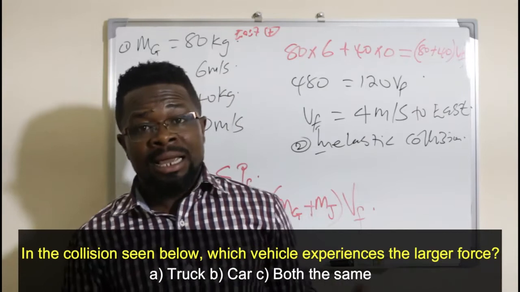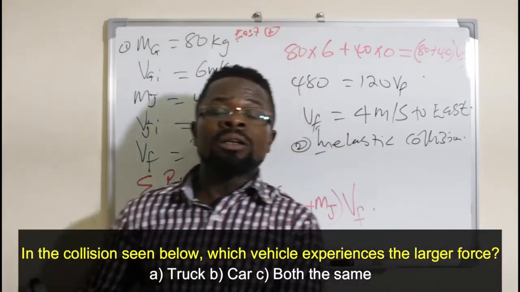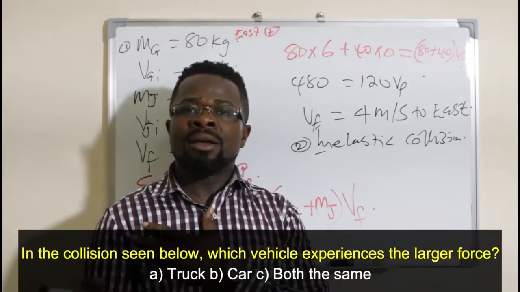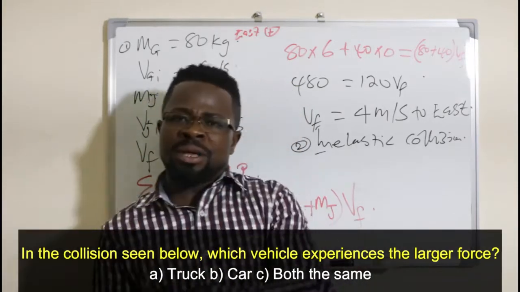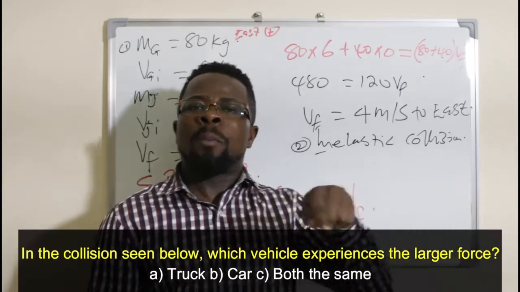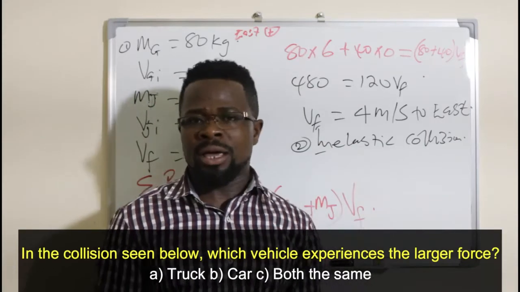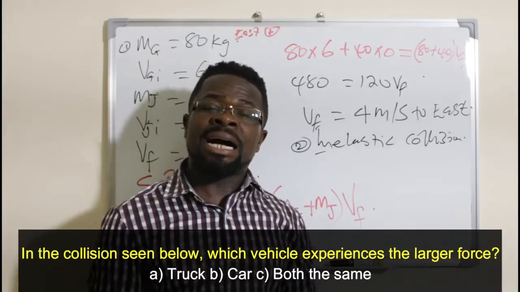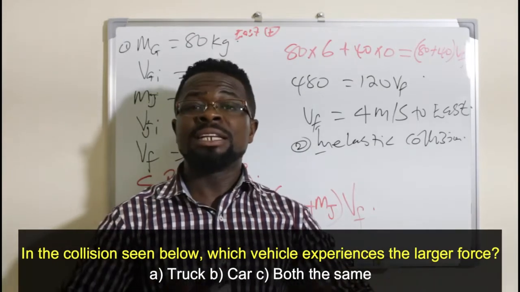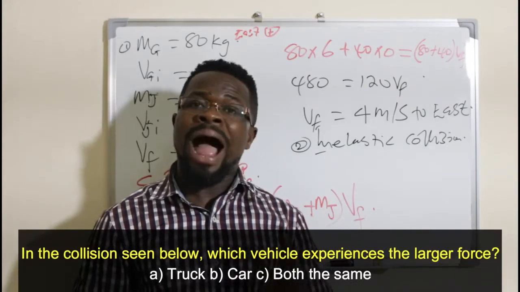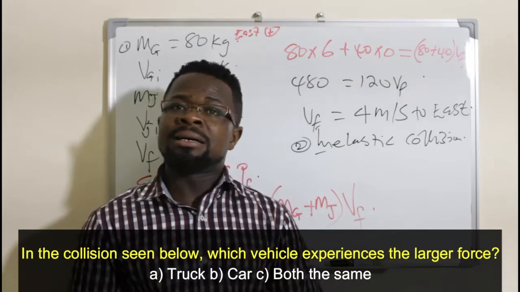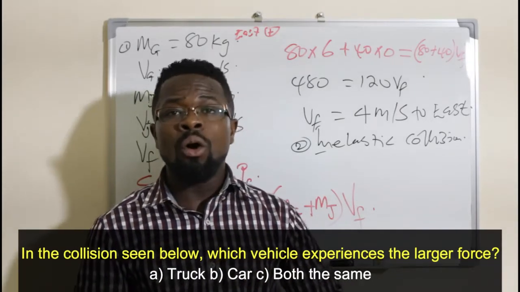And this is according to Newton's third law. Newton's third law says that if an object A leans on an object B, the object B will also exert a force which is equal but opposite in direction to object A. That means that to every action there is an equal and opposite reaction force. So according to Newton's third law, the truck and the car are both going to have equal forces.